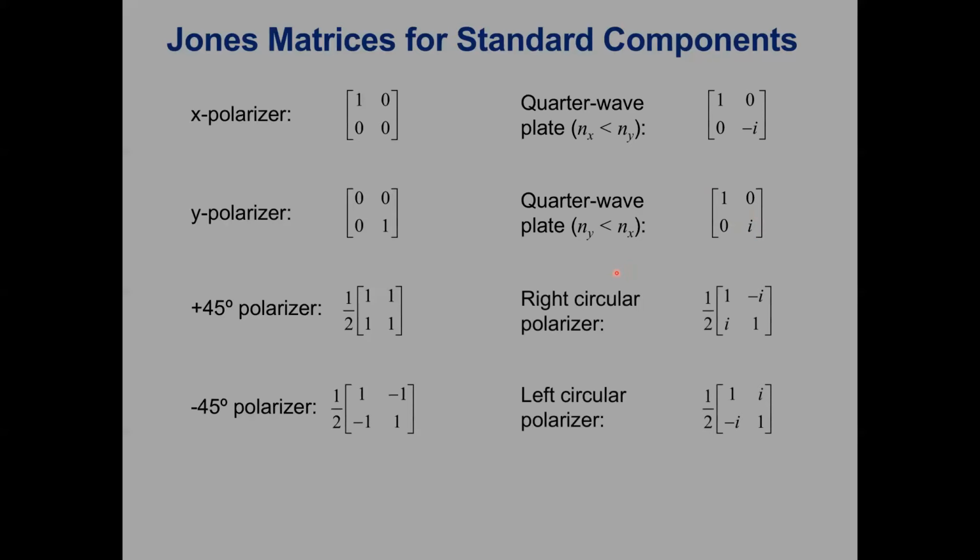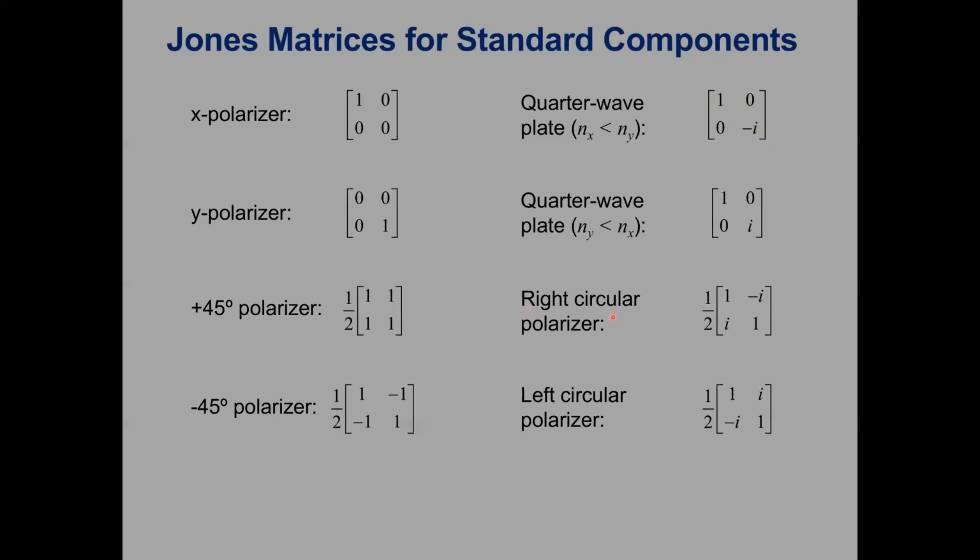And then we have these other things which are going to be called right circular polarizers versus left circular polarizers. So they also convert from linear to circularly polarized light, but they do it in a different way than quarter wave plates. Quarter wave plates modify one of the polarization components and add a phase to give you an overall effect of circularly polarized light.